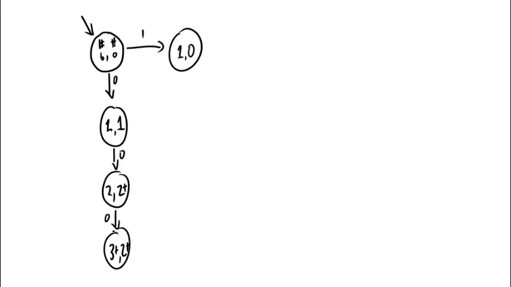Okay, so let's fill in the other things. If I get a 1 here, number of bits goes up, number of zeros does not, and a 1 here, number of bits goes up, and I don't care if I get any higher than that, and number of zeros does not. Okay, so I'll start back up here again.